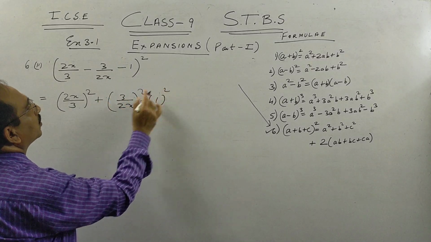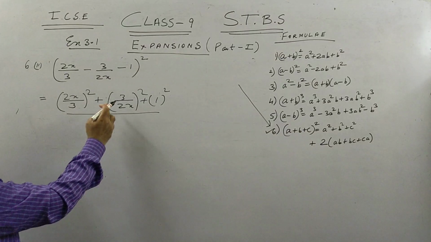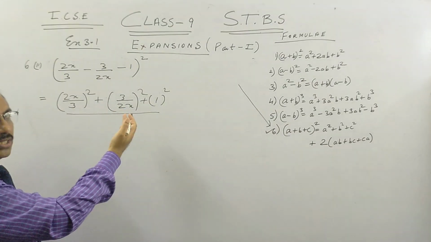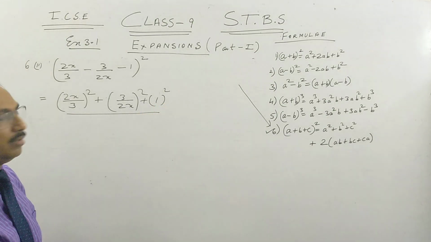This is because the square of any number can never be negative. So minus into minus will become plus, and minus 1 will also become plus 1.